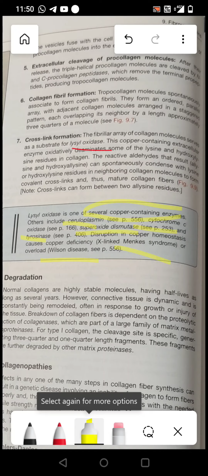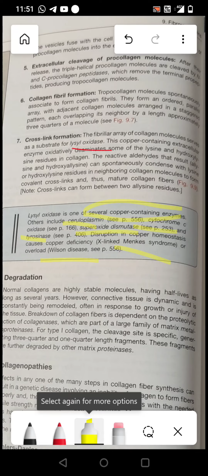Disruption of copper either because of deficiency is X-linked Menkes syndrome, or overload is Wilson's disease. In both of these, copper metabolism gets affected. If copper gets affected, lysyl oxidase gets affected, leading to more other problems.